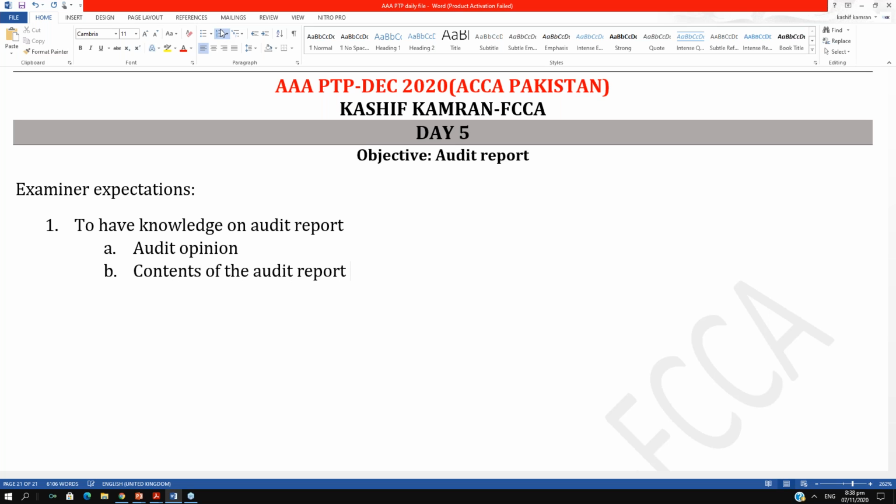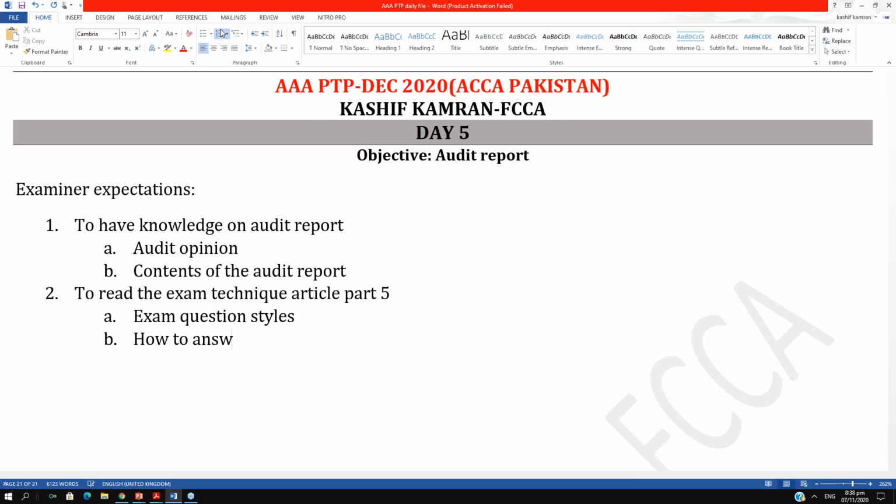Number two, the examiner expectation is that you read the exam technique article part 5, so that you know the exam question styles and you also know how to answer.